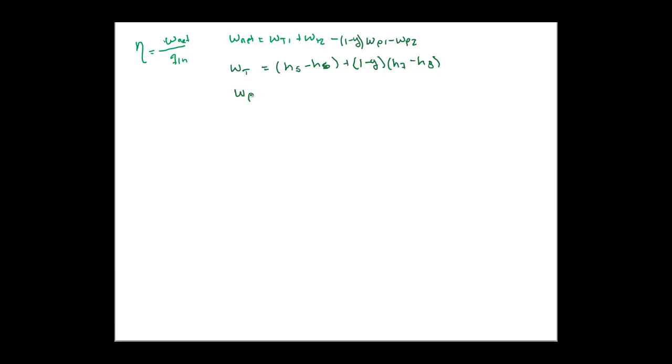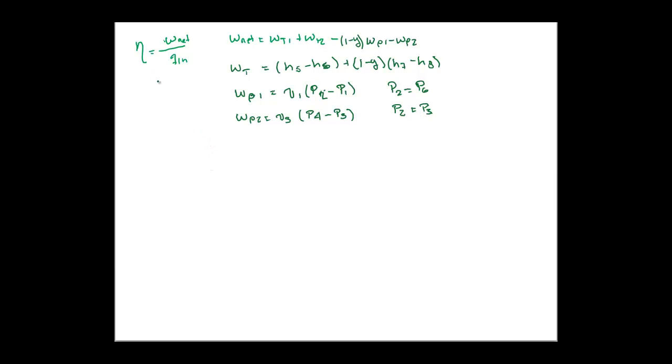Work of pump 1 will be v1 times the pressure difference. This P2 is the pressure of the tank, which is the same as the extraction pressure. And the work of pump 2 is the volume of state 3 times (P4 minus P3), and we can say that P2 equals P3.